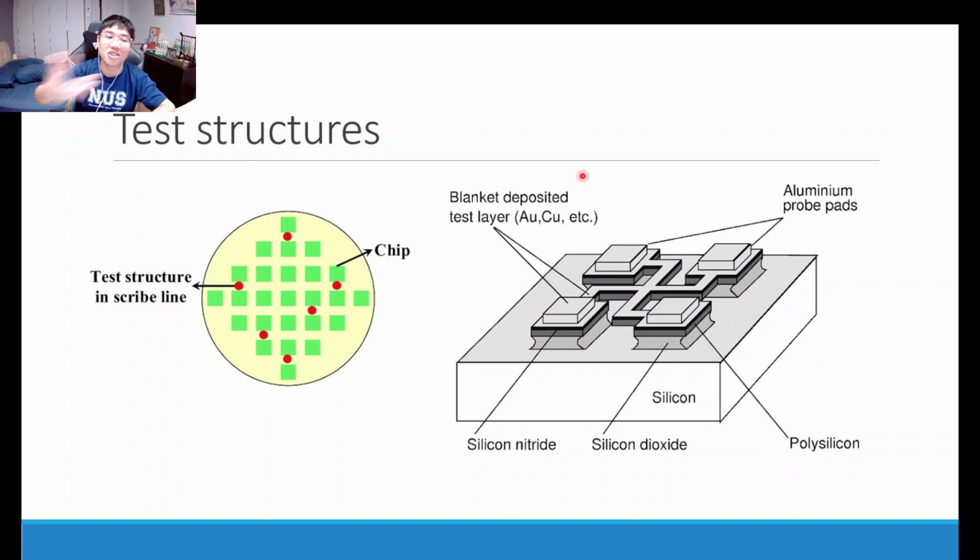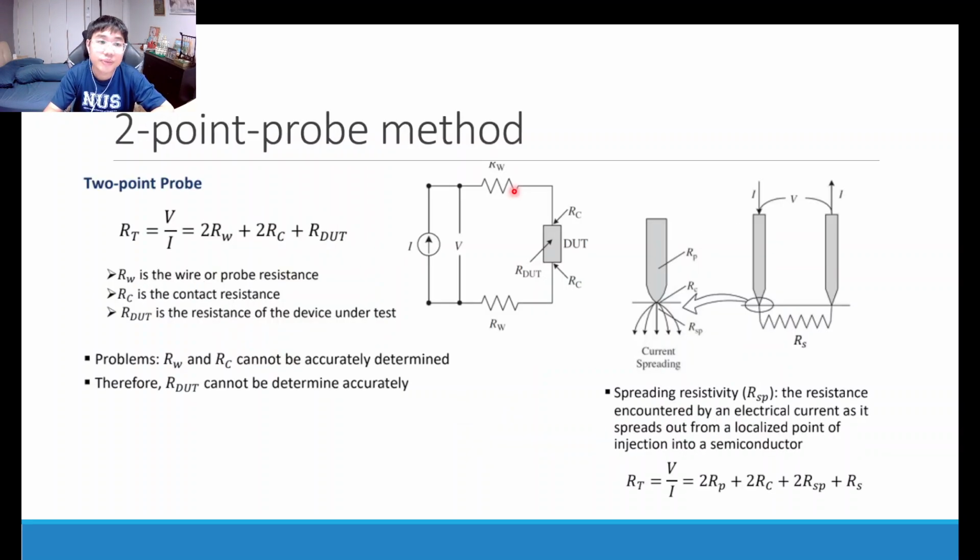So this test structure is used as a proxy to measure how successful the fabrication process has been. These test structures can be simple lines, crosses, and whatever, with probe pads that allow you to put your micro probes to measure the electrical properties of these test structures. So how do we do this probing?